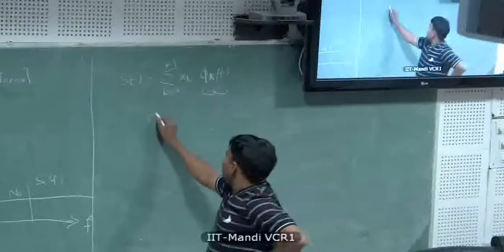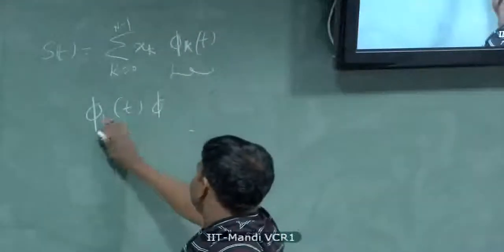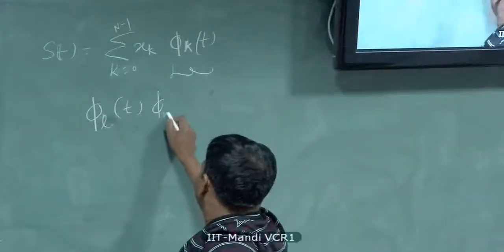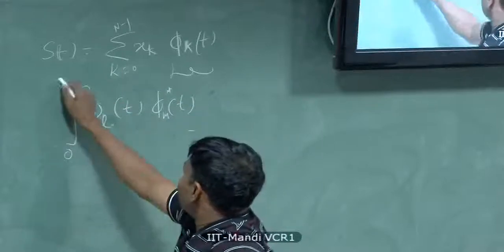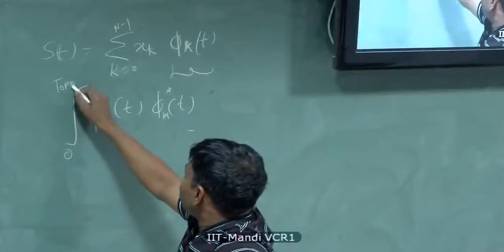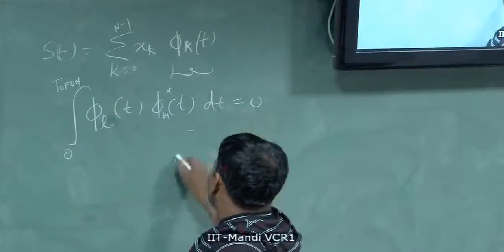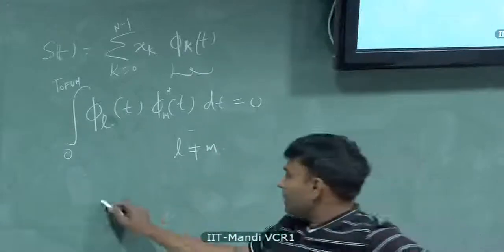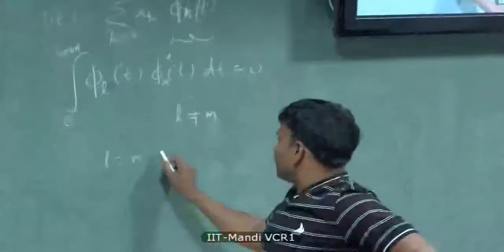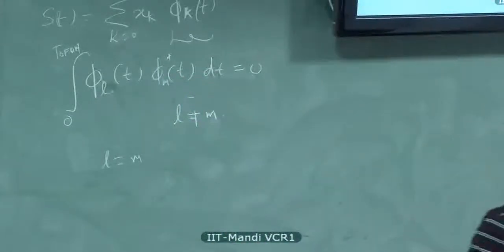As long as phi L of t multiplied by phi m of t conjugate, integrated over 0 to T OFDM, because these basis functions are limited in time, is equal to 0 for L not equal to m, and for L equal to m, this becomes a constant, some value.